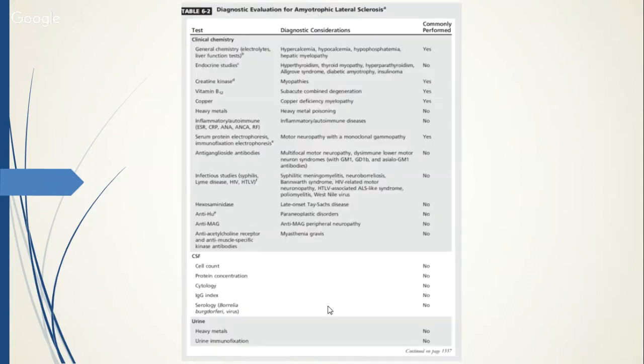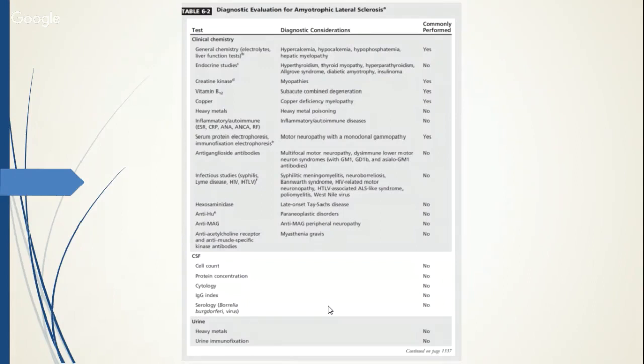So again, when we're looking at the diagnostic evaluation, you're doing labs to rule out other causes, looking at the general labs or B12 levels, and going further, CSF and heavy metals.